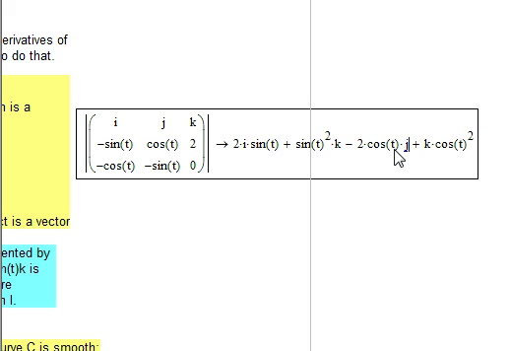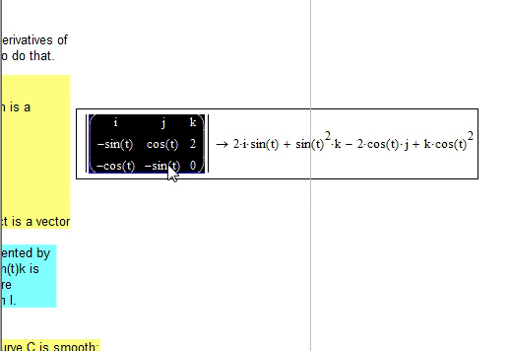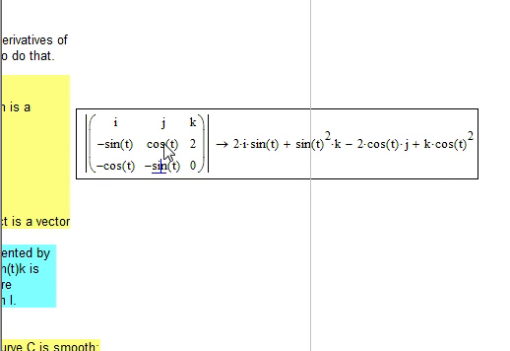And for the k component, let's see, you have k times sine squared t plus cosine squared t, and it's positive k. Remember this sign thing goes plus, minus, plus, so this is plus sine squared t plus cosine squared t. Well, golly, if that doesn't amount to 1, then I'm not sure what does.